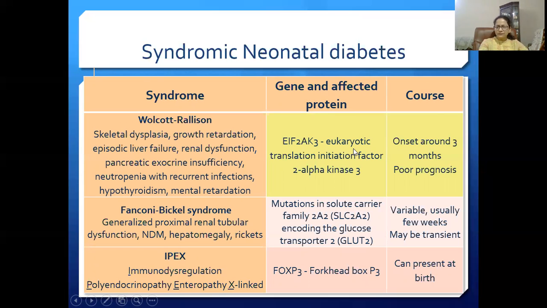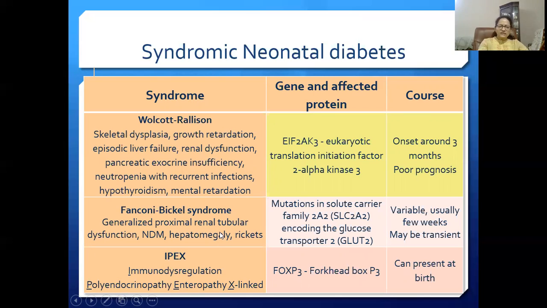This is the gene, and the onset is around 3 months, and it has a poor prognosis. In fact, we had managed 2 cases, both of which did not have a favorable outcome, and the problem was episodic liver failure, and failure to thrive because of pancreatic exocrine insufficiency and recurrent infections.